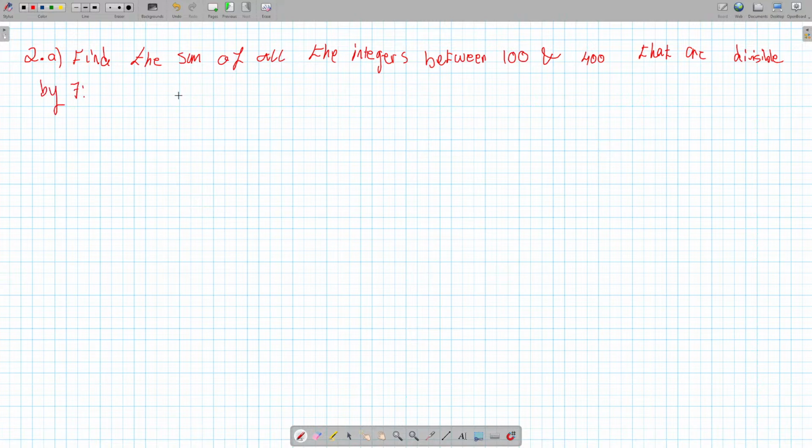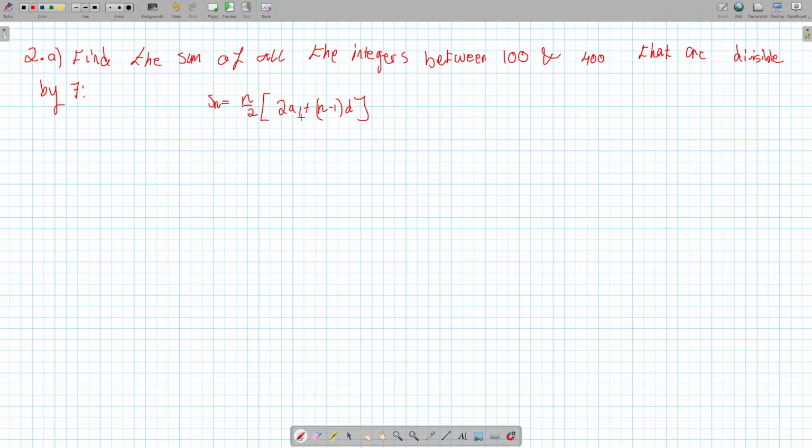So let's see. This is obviously an arithmetic progression, right? The integers between 100 and 400. We're finding the sum. What is S_n? S_n is equal to n over 2 times either (a1 plus a_n), or in this case we don't have the last number divisible by 7, so (2a1 plus (n minus 1)d). You're going to tell me, what are all of these?